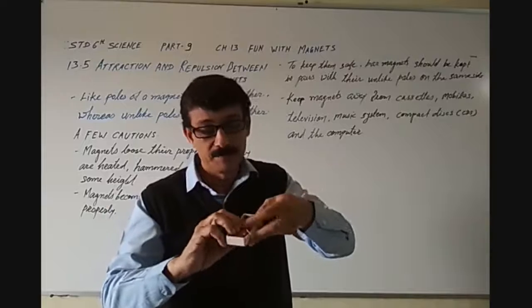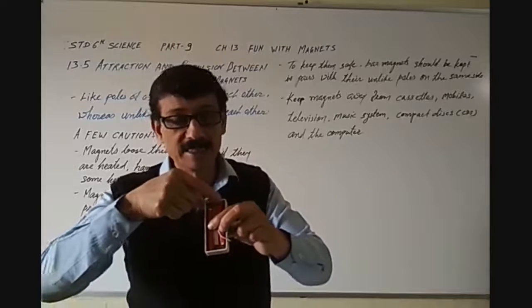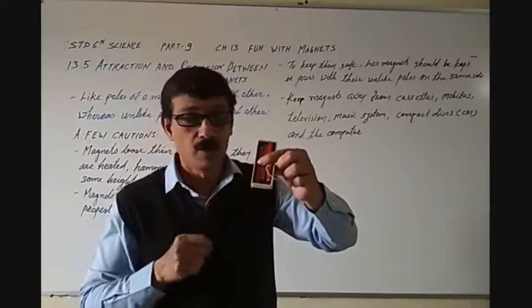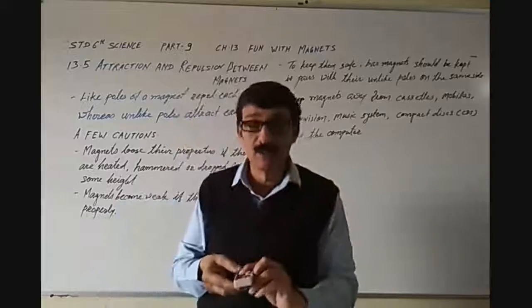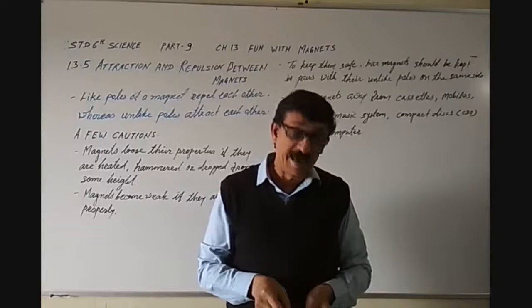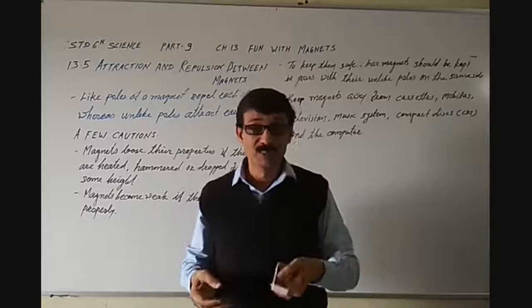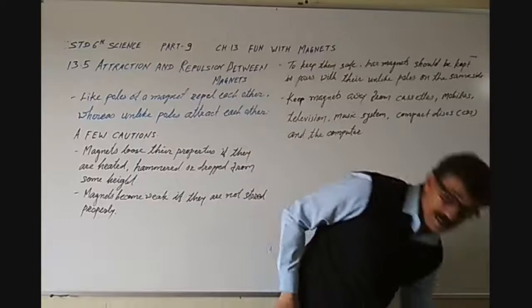Now you can see, this is north pole, then this is south pole. This is north pole, then this is south pole. And I should keep a wood piece in between. Like that it should be kept. Otherwise, the property of this magnet will become weak. Okay, let's go further.